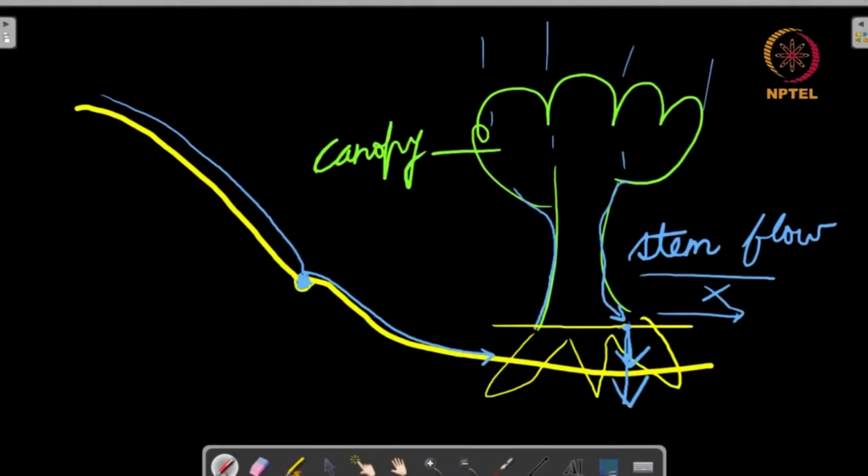Now these movements are known as surface runoffs. We can also have subsurface runoffs, and we can also have a groundwater runoff. Now groundwater runoff refers to a situation where the groundwater is moving into the streams. So essentially what is happening is that it is an opposite process to that of infiltration.